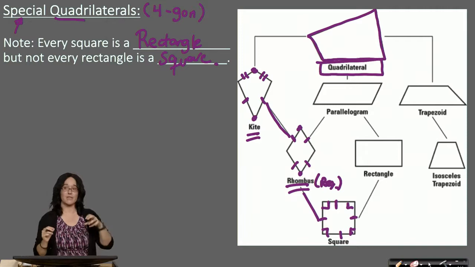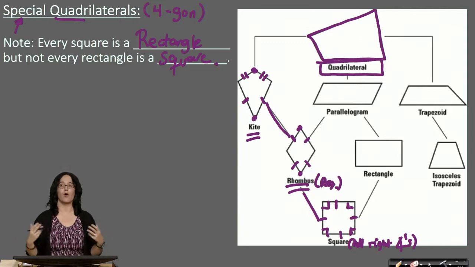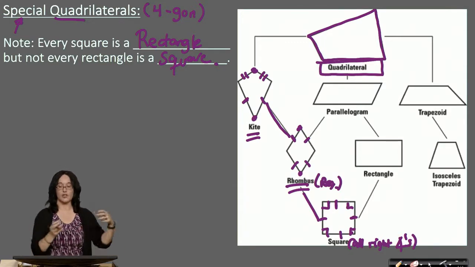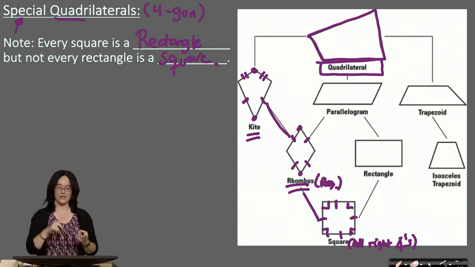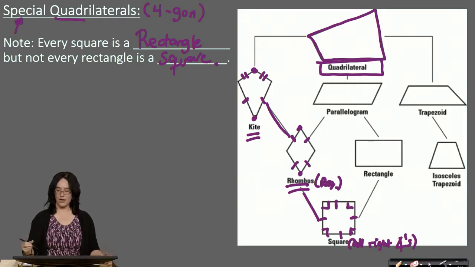What makes a square a special rhombus, however, is that each of the four angles is 90. So all are right angles. So you have to have all four being right angles in addition to having them be congruent. Okay, so it's not just a rhombus, it's not just a kite, it's a special quadrilateral, it's a special rhombus, and it's a special kite. So squares are pretty powerful. We'll talk more about them in a moment.